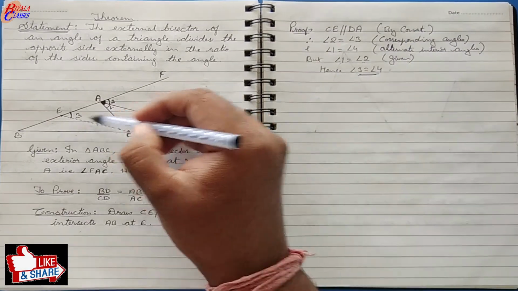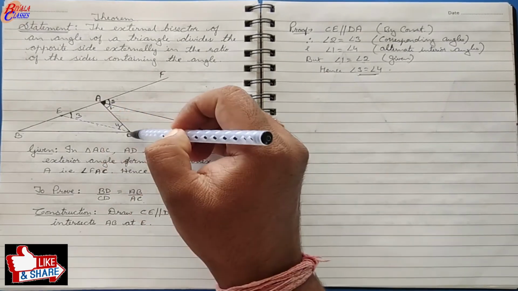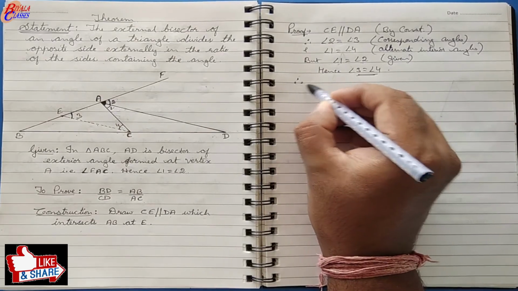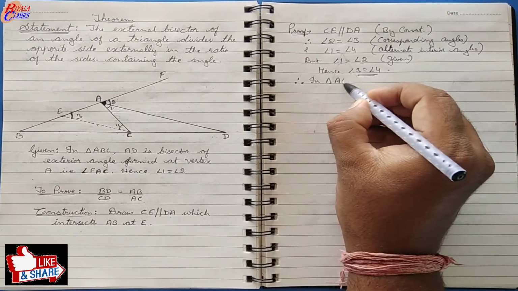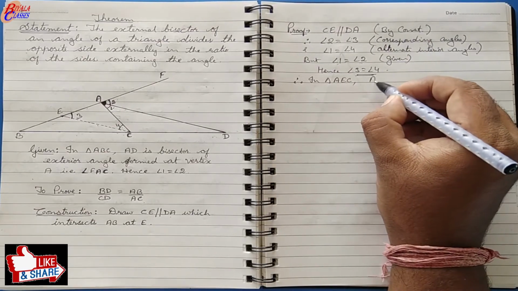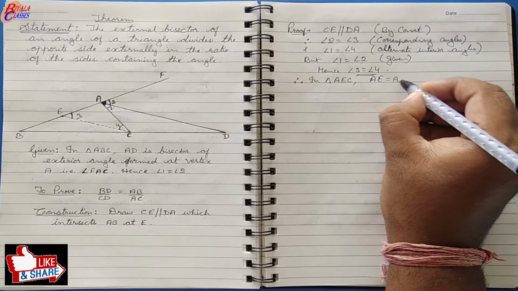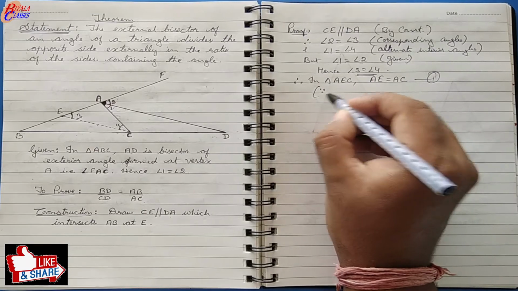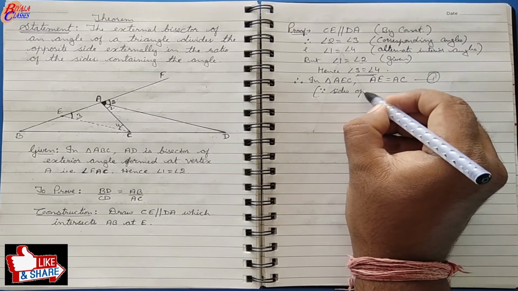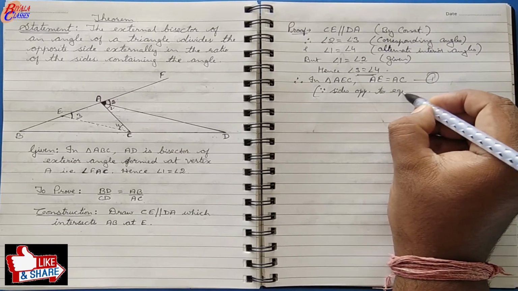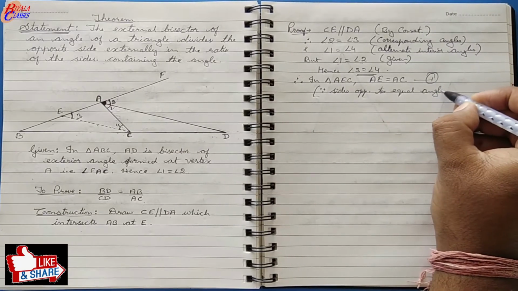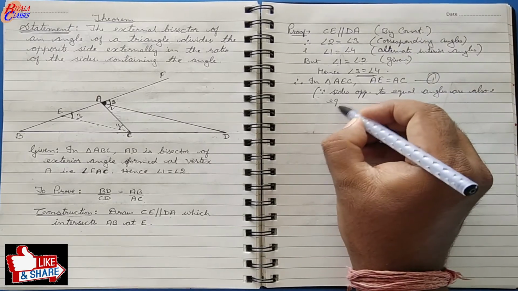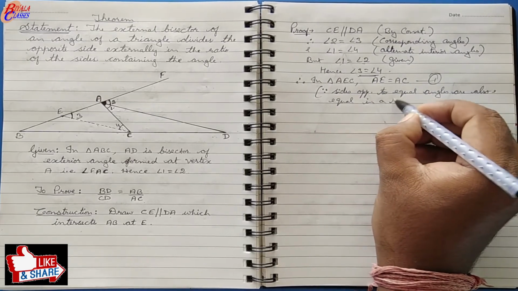Now if these two angles are equal, then in triangle AEC, two angles are equal, so their opposite sides will also be equal. Therefore, in triangle AEC, AE is equal to AC, because sides opposite to equal angles are also equal in a triangle.